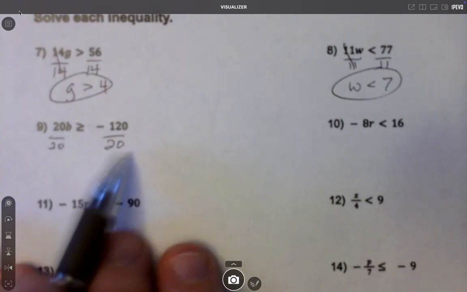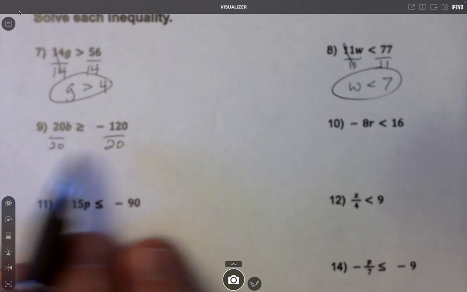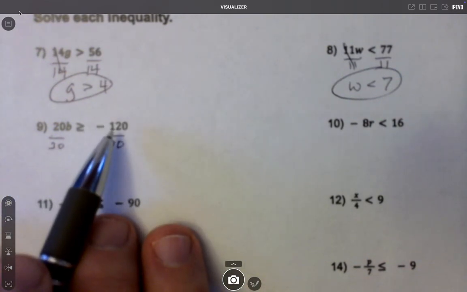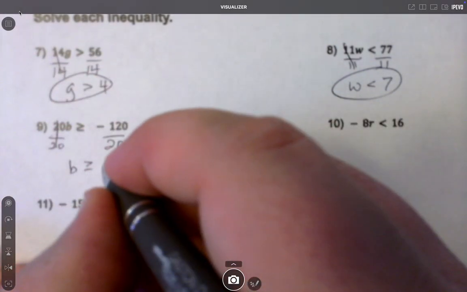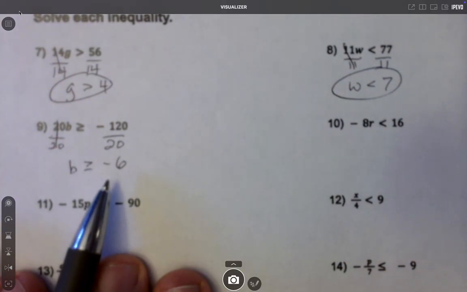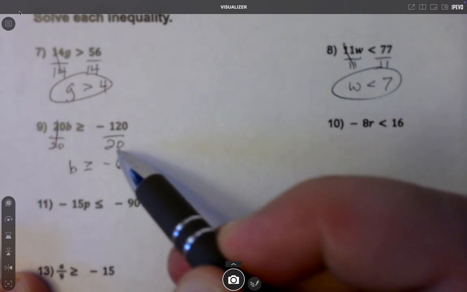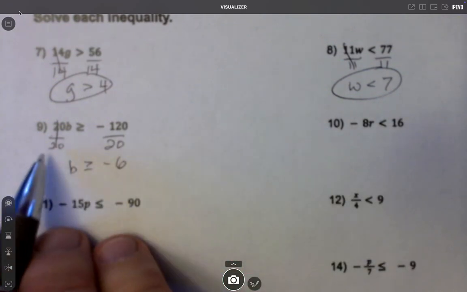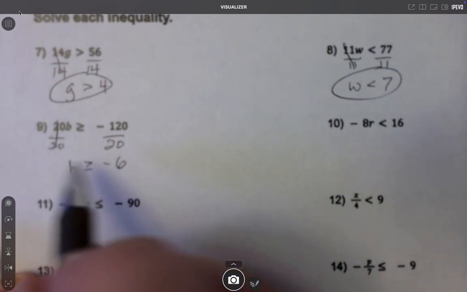So we do not need to flip anything on this one because what we're dividing both sides by is a positive number. So even if our answer is going to be negative, b is greater than or equal to negative 6, that's okay. That doesn't mean we need to flip the inequality sign. It's only when what we're dividing by or multiplying by, the thing that happens to both sides, is negative, that we flip the inequality. So here we do not.